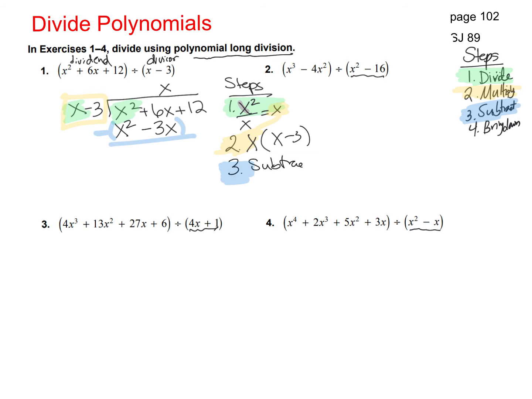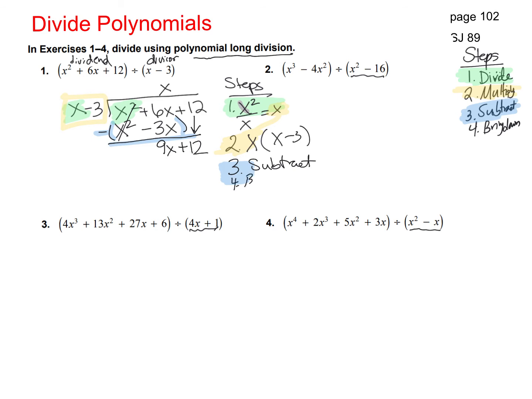But when you subtract, you actually get 9x. 6x minus negative 3x is 9x. And when you subtract x squared minus x squared, that gives you 0. And then the last step is to bring down. You're going to bring down the plus 12. And then you're going to start that process all over again.